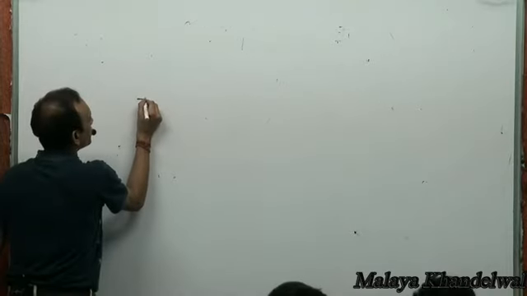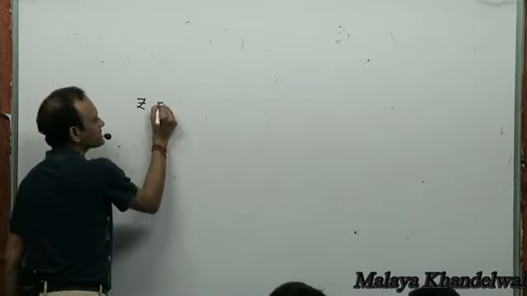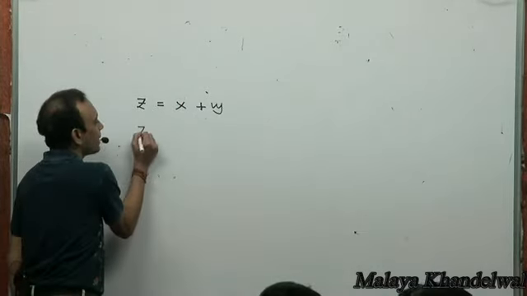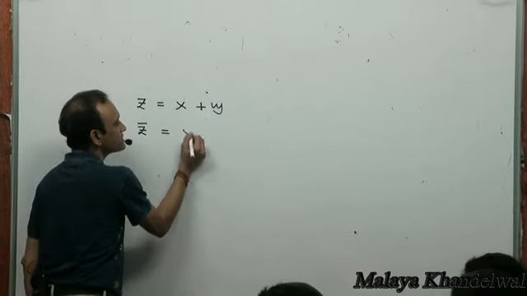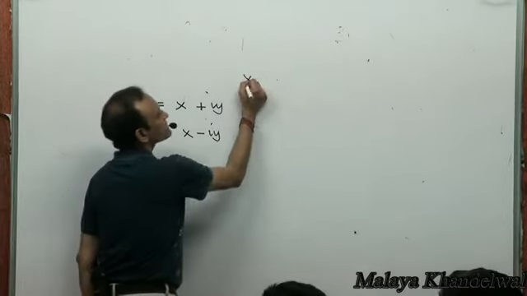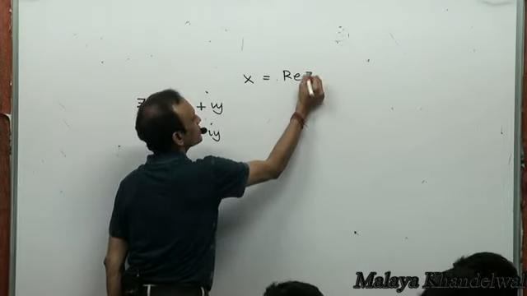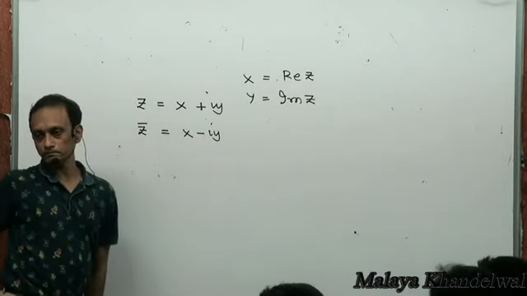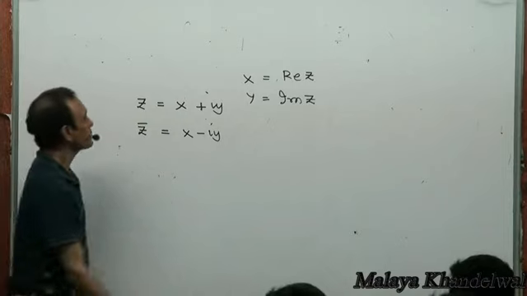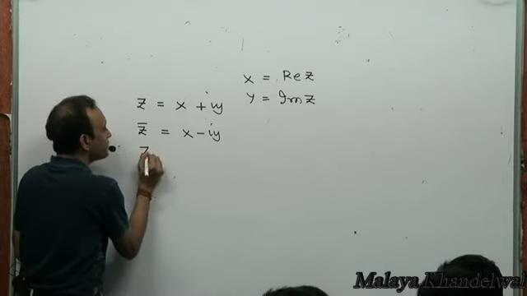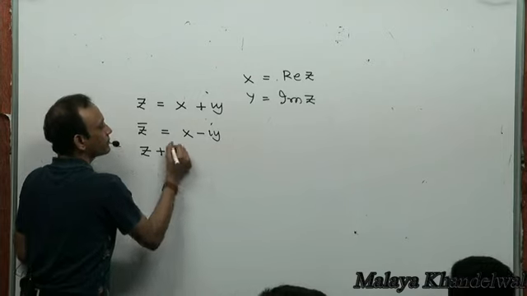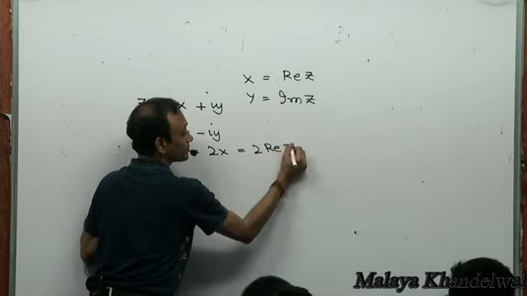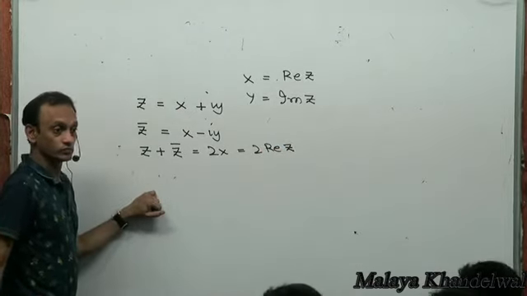Now, if Z is a complex number, say x plus iy, then Z bar is going to be x minus iy. What is x? x is the real part of Z. What is y? y is referred to as the imaginary part of Z. Now, Z plus Z bar is twice x, which is twice real Z. Yes or no?